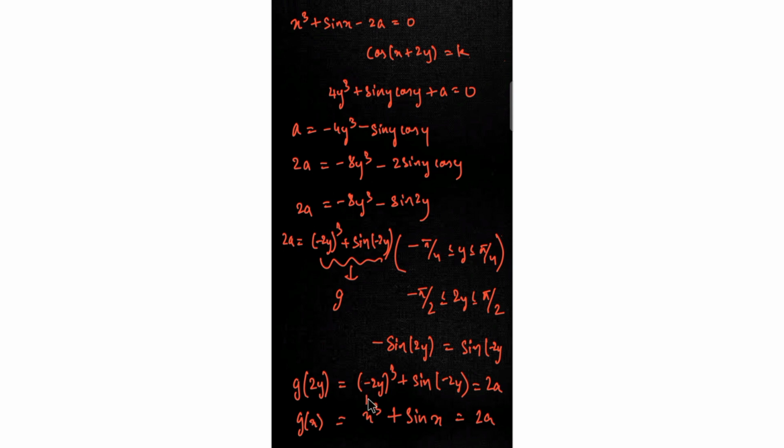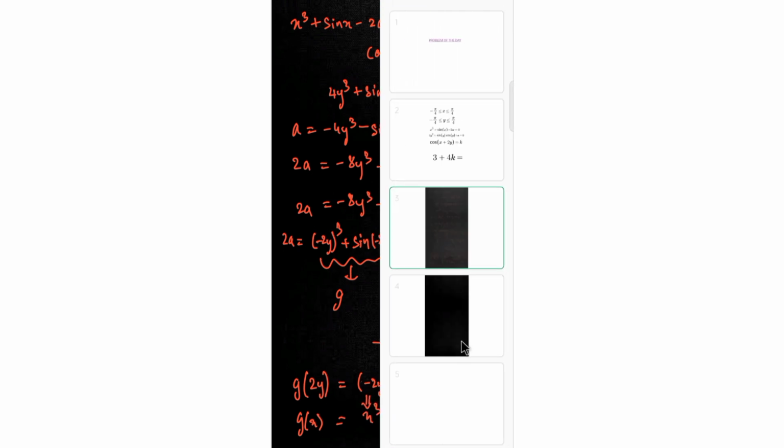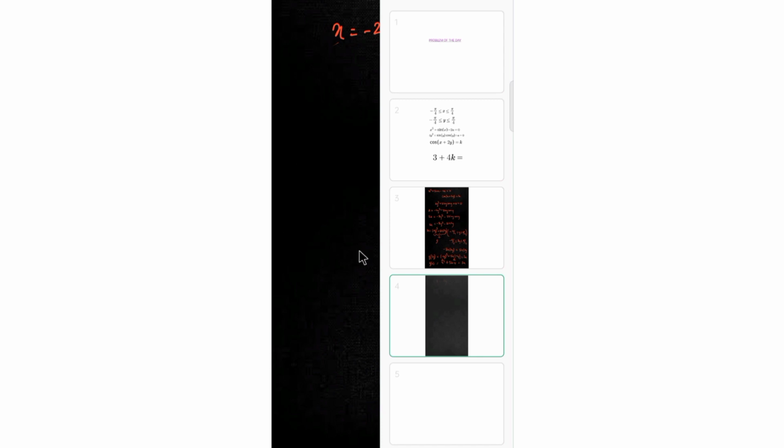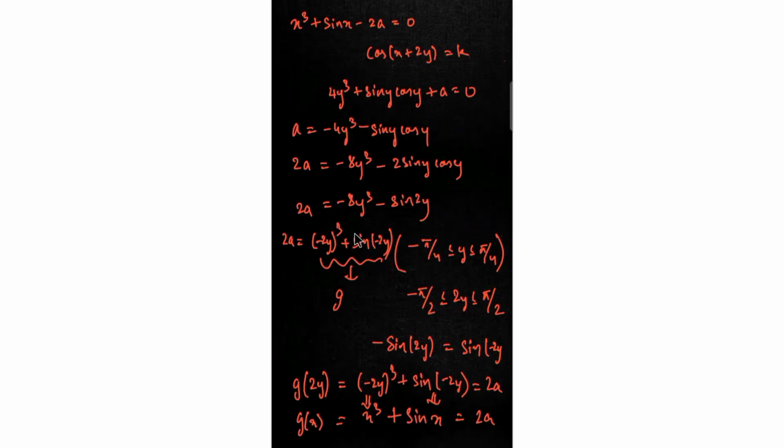That means if I just look into the terms, I can conclude that x will be equal to minus 2y, isn't it? So that's the reason: when I assume that this whole function is g, g of 2y is nothing but minus 2y whole cube plus sin of minus 2y, and instead of 2y when I put x, I'm getting x cube plus sin x.